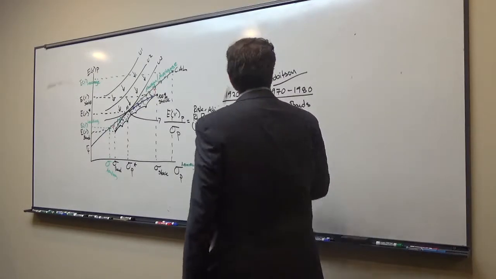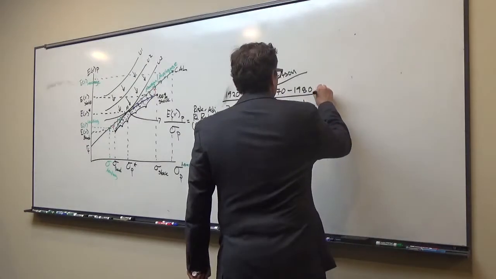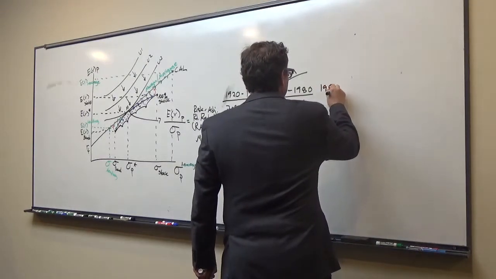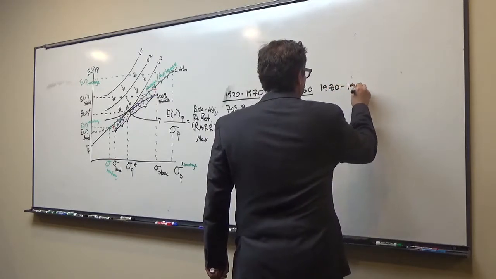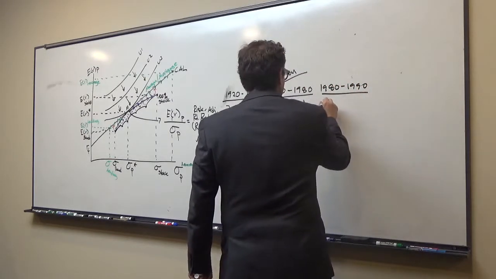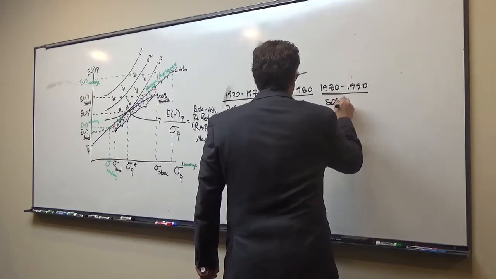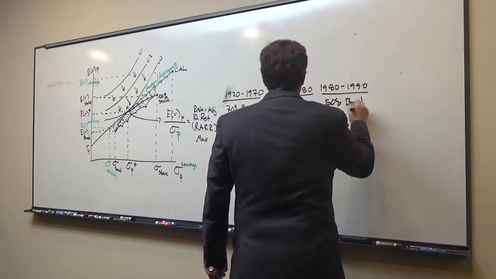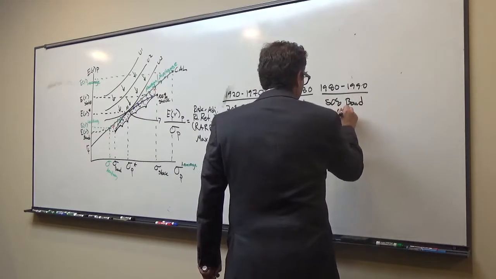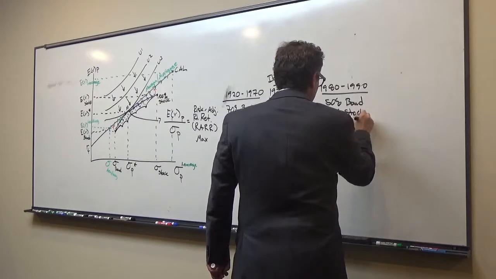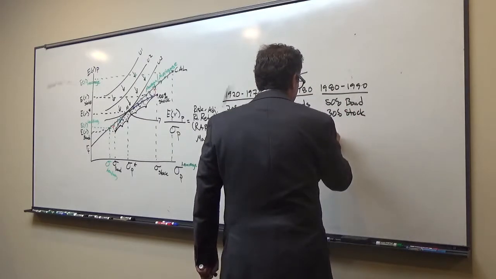Okay. And then from 1980 to 1990, we took again from the bond portfolio, and stocks continued to get their 30%. Ibbotson did the research.